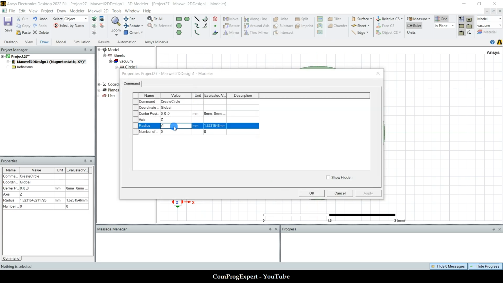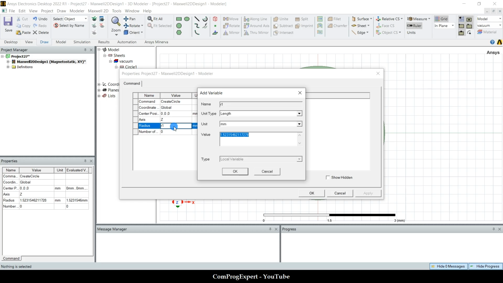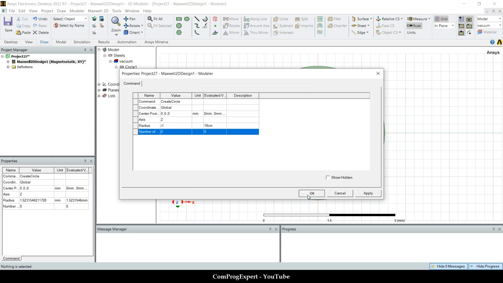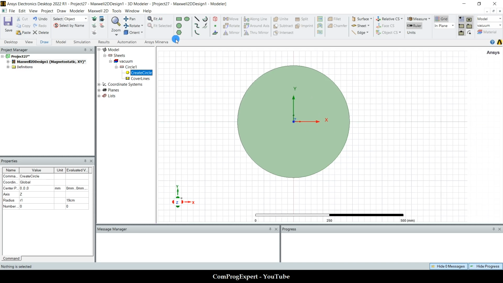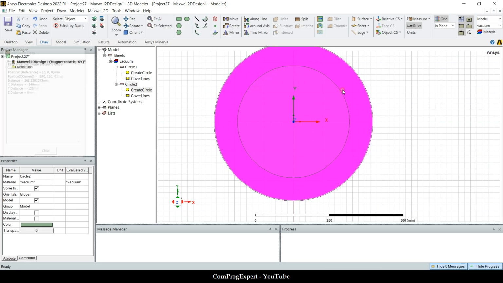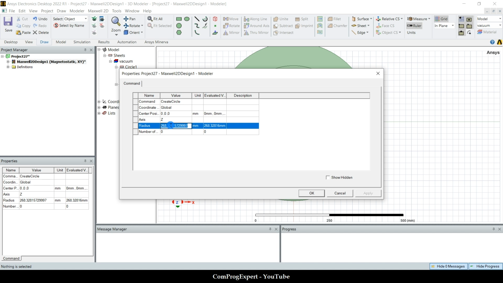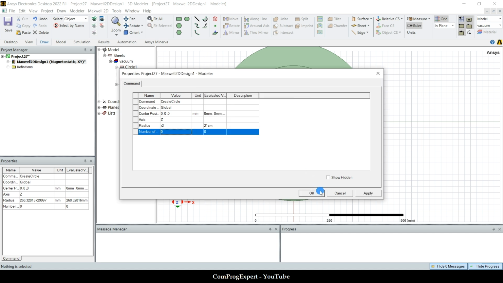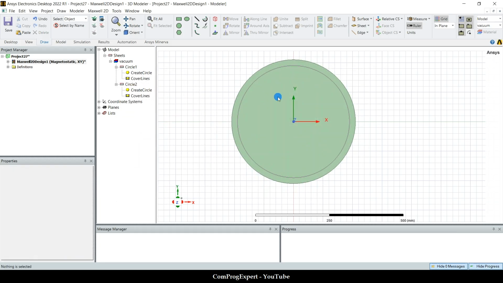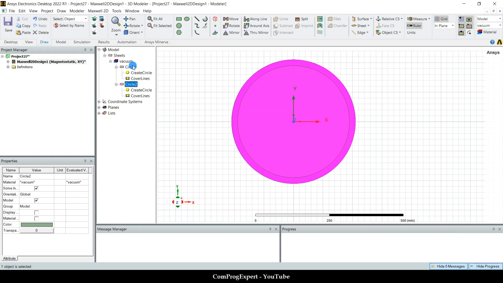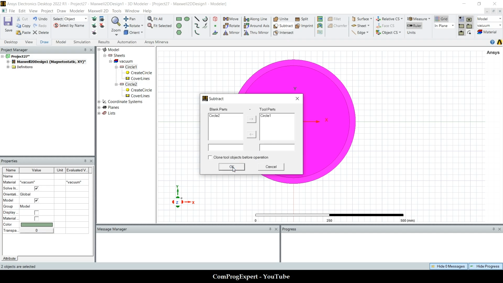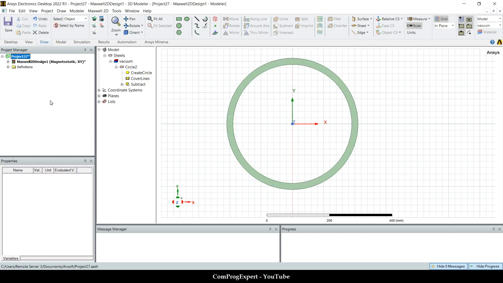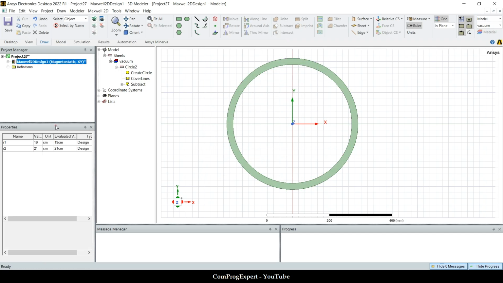It is R1, the value is 19 centimeters. Now let's draw another circle. This is R2, equal to 21 centimeters. So we can select circle 2 from 1 and subtract. Okay, so you can see these values, R1 and R2.